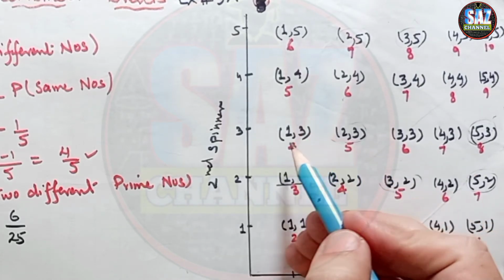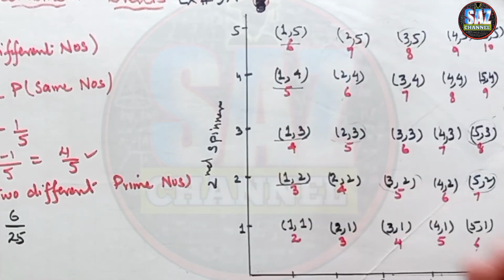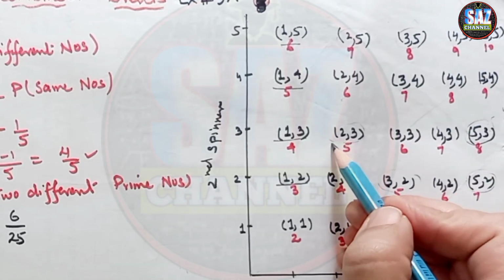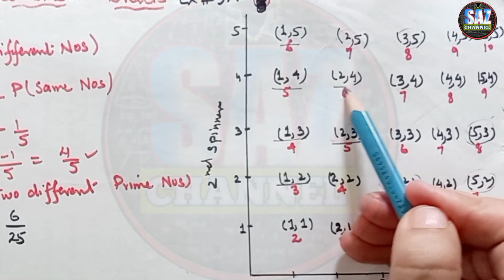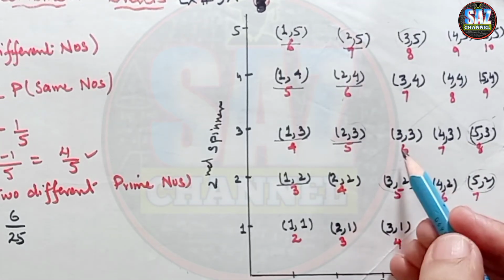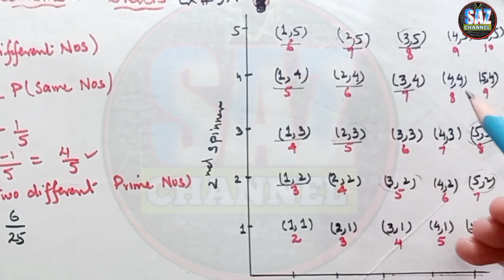Here, 1 with 2, 1 with 3, 1 with 4 and 1 with 5, and then the number on the first has to be less than. Okay, this is 2 3 and 2 4 and 2 5, and then 3 4 and 3 5.